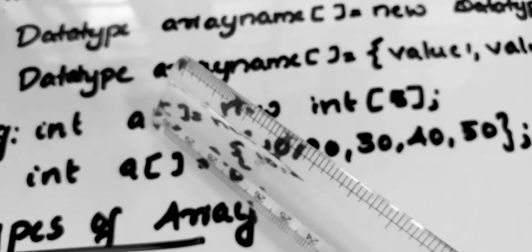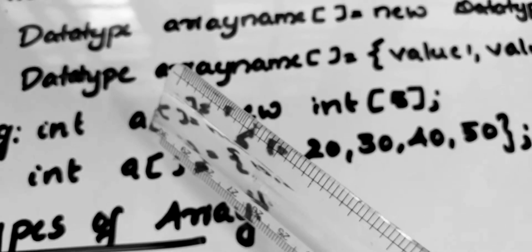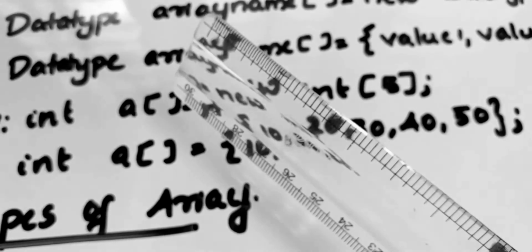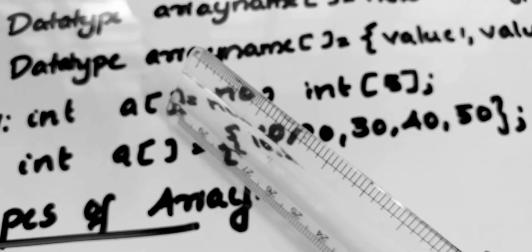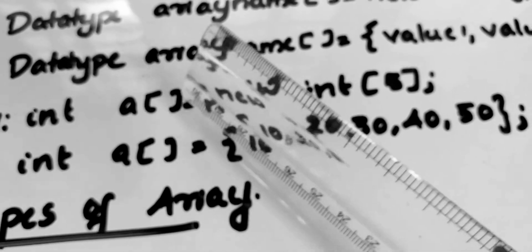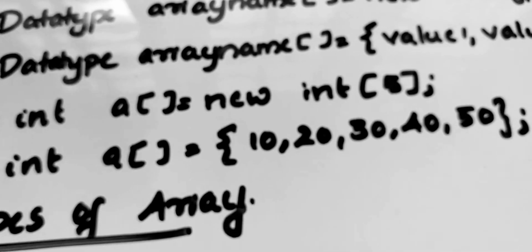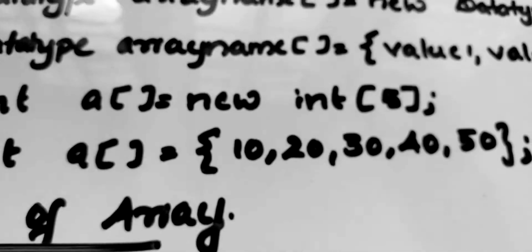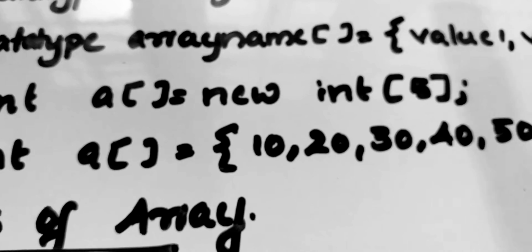The name of the array is a, followed by open and close square brackets. This is a variable, the array name. After the variable there are open and close square brackets, isn't it? So we can say it's an array. If a variable is followed by open and close square brackets, then we can say it's an array. There is nothing in it yet.